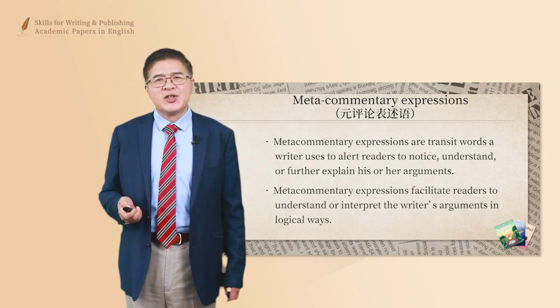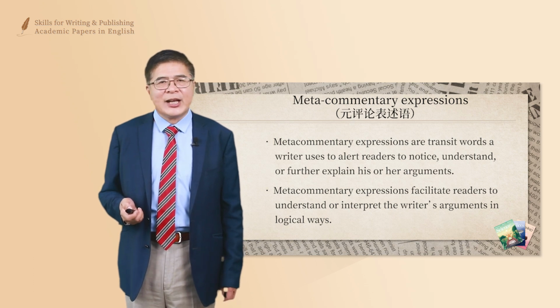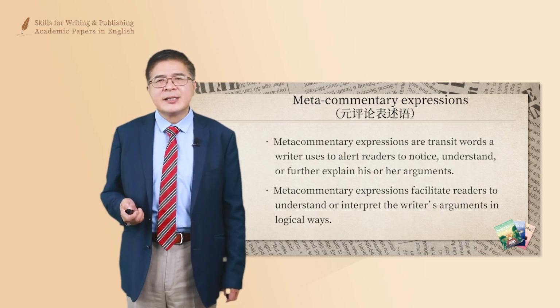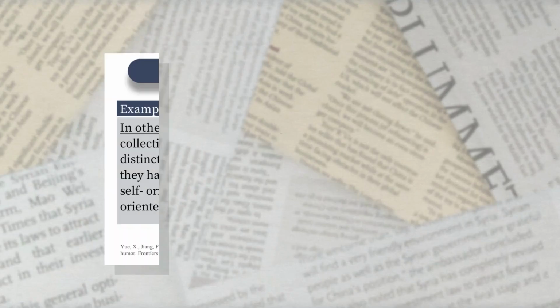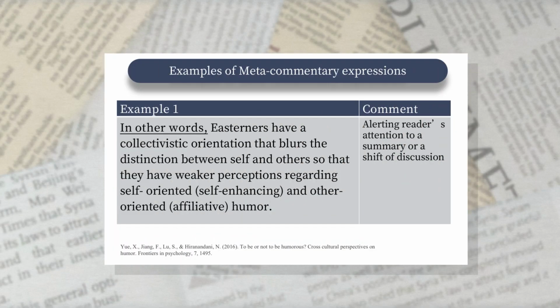And the meta expressions facilitate readers to understand or interpret the writer's arguments in logical ways. And here is an example. In other words, Easterners have a collectivistic orientation that blurs the distinction between self and others, so that they have a weaker perception regarding self-oriented and other-oriented humor.